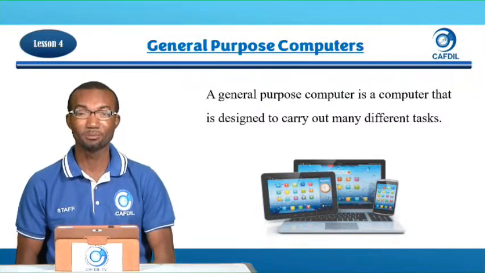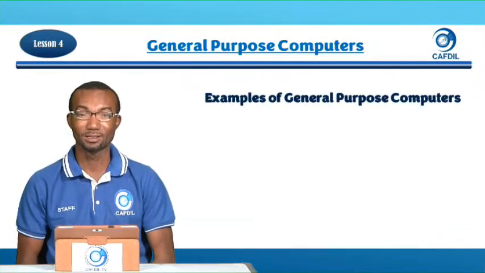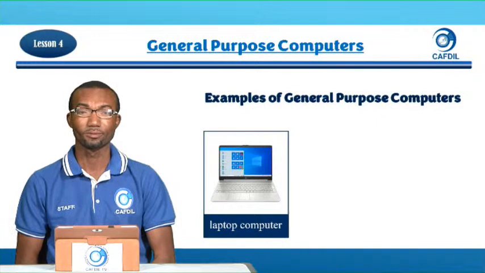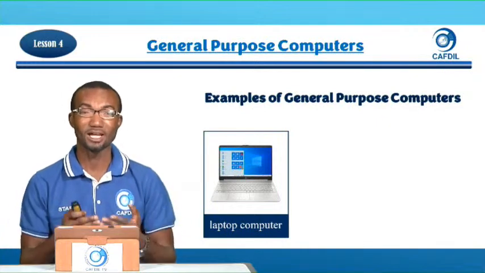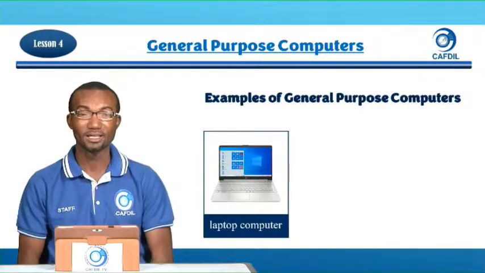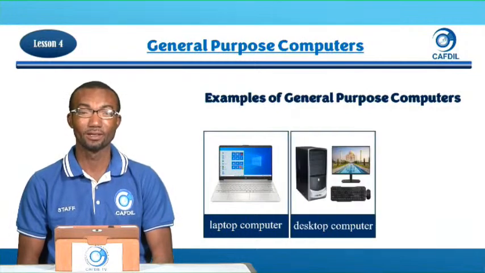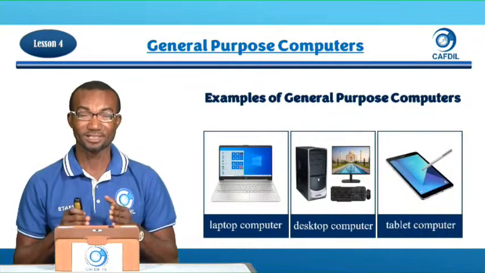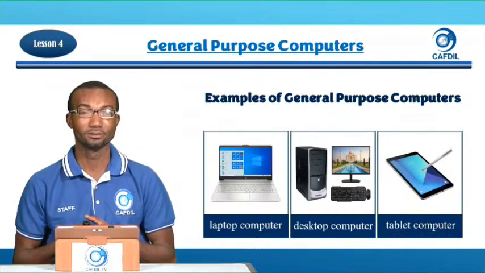Let's look at examples for us to understand it better. We went through examples of computers in the first lesson, and some of the examples of general purpose computers are the laptop computer, the desktop computer, and the tablet computer.